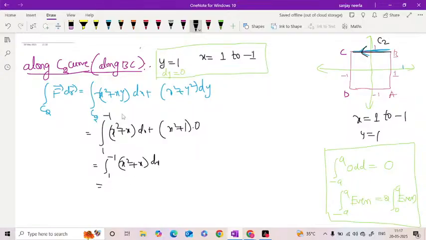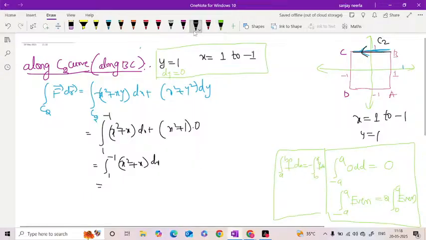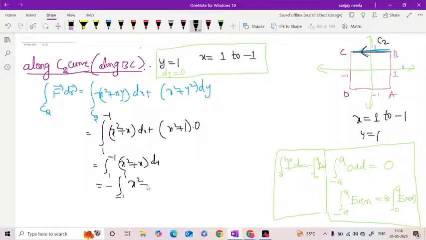Now we will change the order of integration. In a single integral, the integral from a to b of f of x dx, we write as minus the integral from b to a of f of x dx. So here we can change the order of integration, that means minus the integral from -1 to +1 of x square plus x into dx.